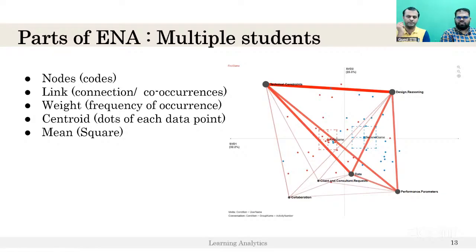Yes, in this particular case, deep design reasoning and technical constraints is mostly thick and also darker. As in process mining, we explained the same thing: it means these two actions co-occur mostly, like deep reasoning and constraints occur together. So the AB or BA occurred together mostly. That's why the lines are thicker.